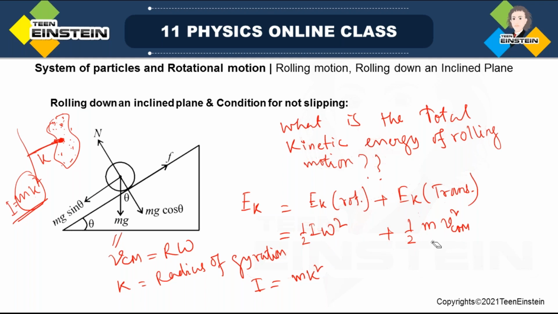So I'll just replace these two equations. VCM I'll be replacing with R omega, and I will be replacing with mk square. So let us do that. Maybe, for the timing, let me keep this VCM square as it is. I'll just change the I omega square term.